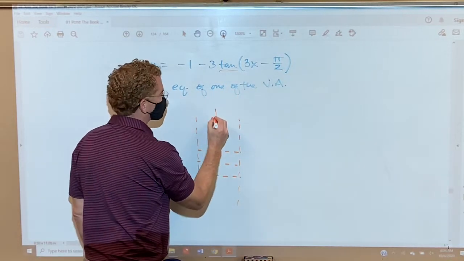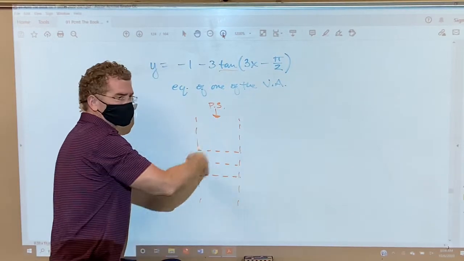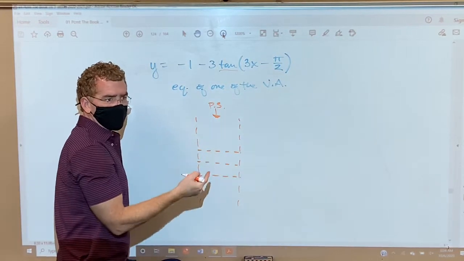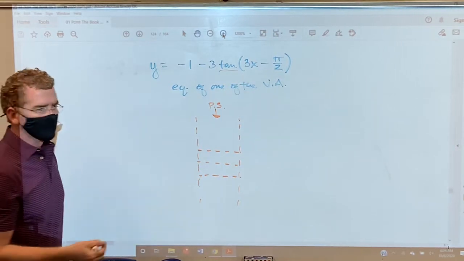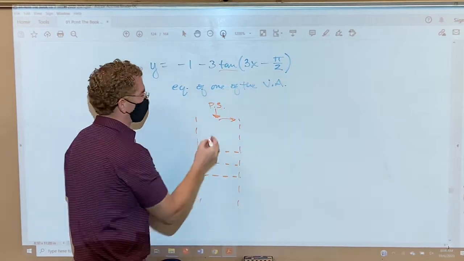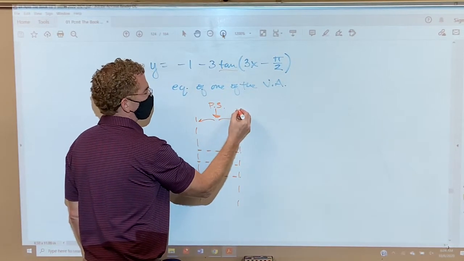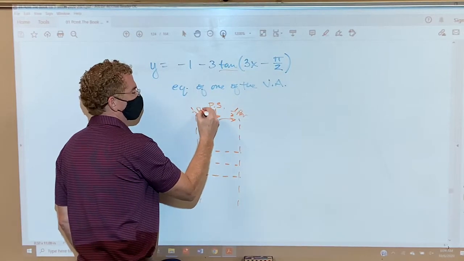So if your phase shift is right here, and I wanted an asymptote, what would you have to add to get to an asymptote? A half of a period? Well, we're going to talk about that next, and that'll pop up. So right there, that would be adding a half of a period or subtracting a half a period, right?